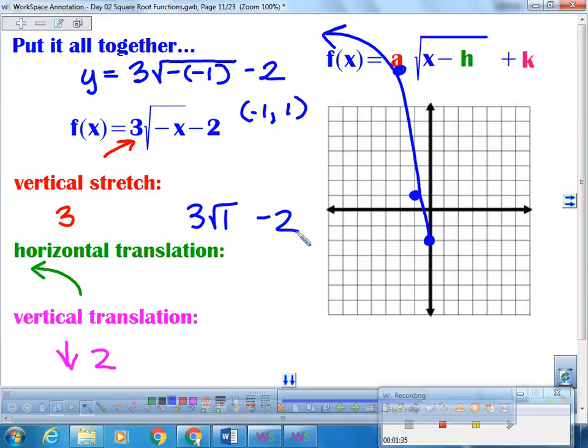So this is saying I have 3 times the square root of 1. The square root of 1 is 1, so I really have 3 times 1, which is 3, and then I subtract 2, order of operations. Make sense? This is a multiplication problem right here. Okay? Good question.